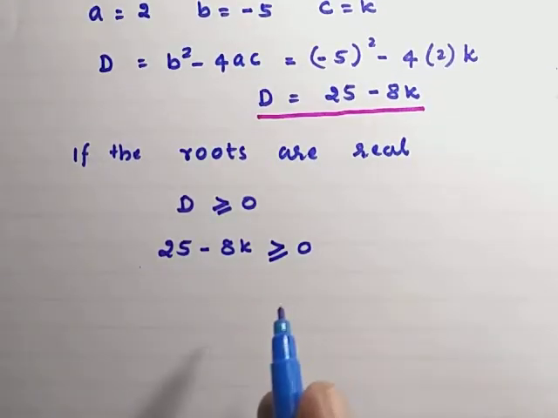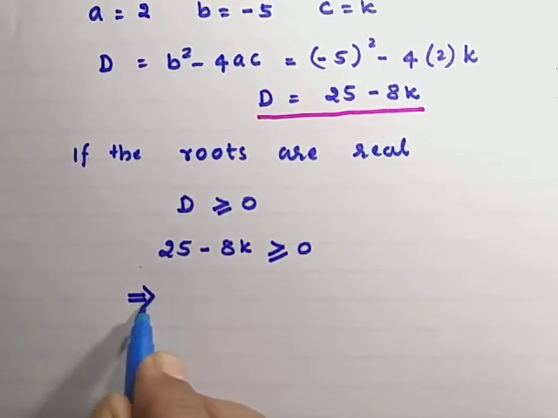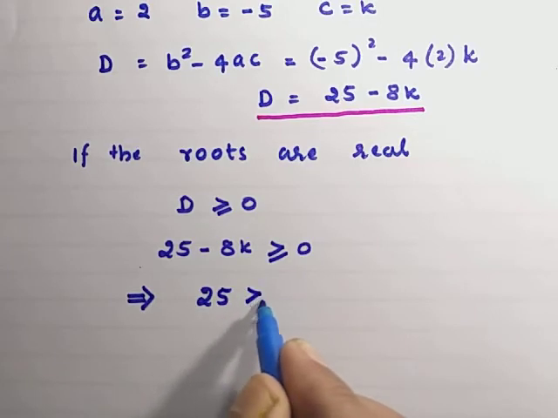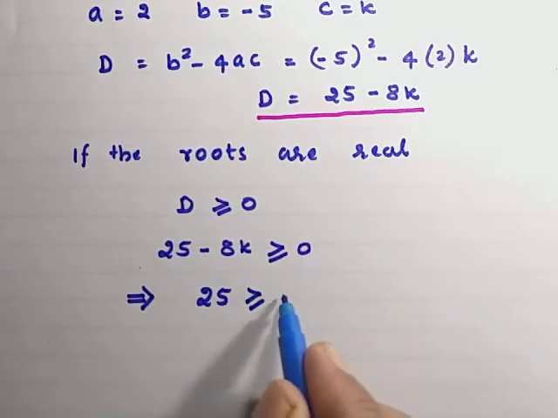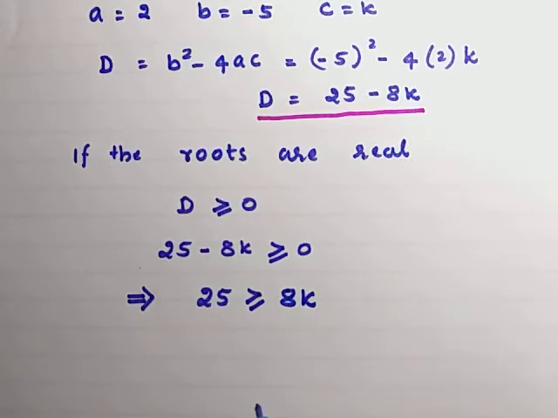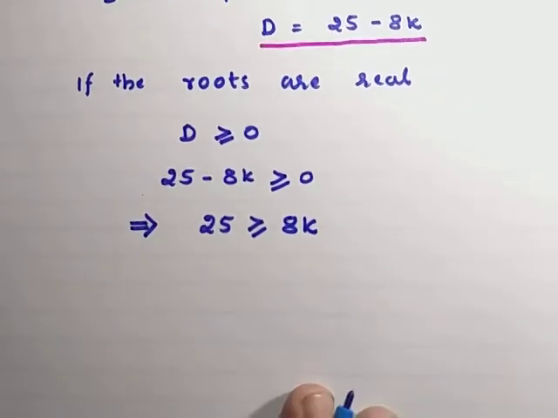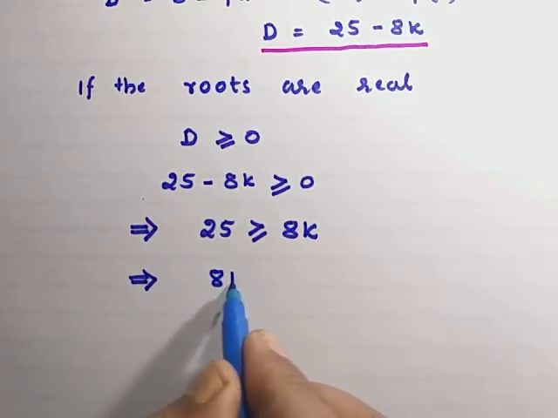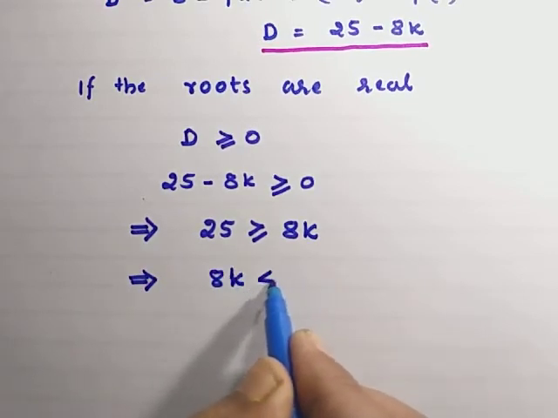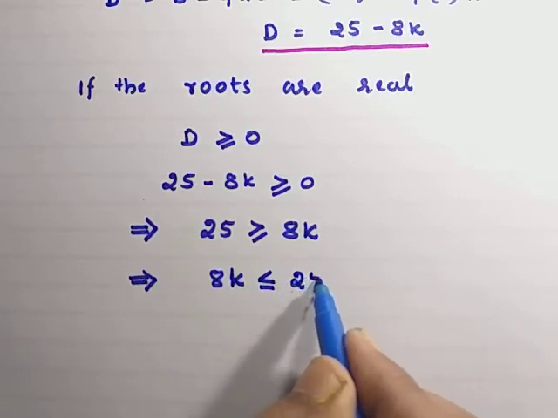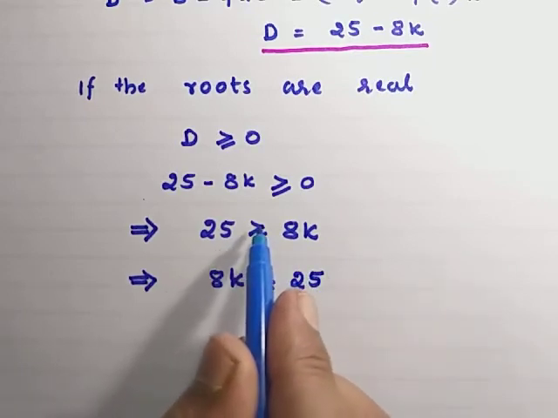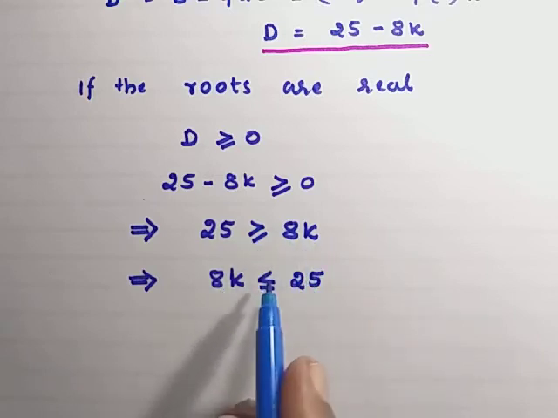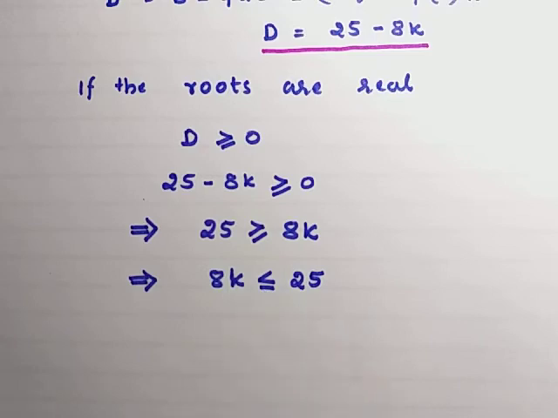This means 25 is greater than or equal to minus 8k becomes plus 8k, and this implies 8k is less than or equal to 25.